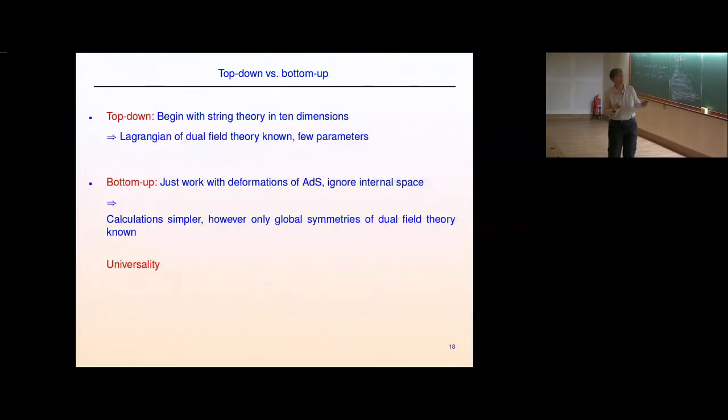So then you may ask, why is this bottom-up approach useful at all if I don't know what the Lagrangian is? Well, sometimes the physics doesn't depend on the microscopic degrees of freedom, and you can just work with some universal behavior, and this bottom-up approach is very effective at identifying universal behavior in strongly coupled field theories. This can be extremely far-reaching and very useful, and I'm also going to show you examples for that.